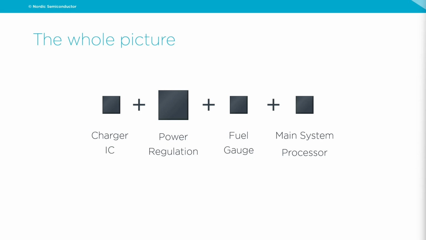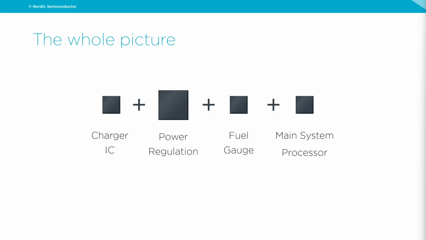You still have a main system processor, because that is typically the purpose of your whole device, to do some processing, either if it's a Bluetooth SoC or an MCU that does something that isn't communicating wirelessly. You have some sort of processing task going on. It could be small and very easy, or it could be more complex. But you will always have this.